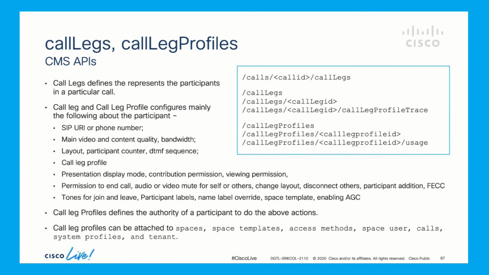Call leg profiles can be attached to spaces, space templates, access methods, space user, calls, system profiles, and tenant. Applying a call leg profile to the system profile would mean, by default, all the participants of all the conferences in the CMS server would have similar meeting permissions.